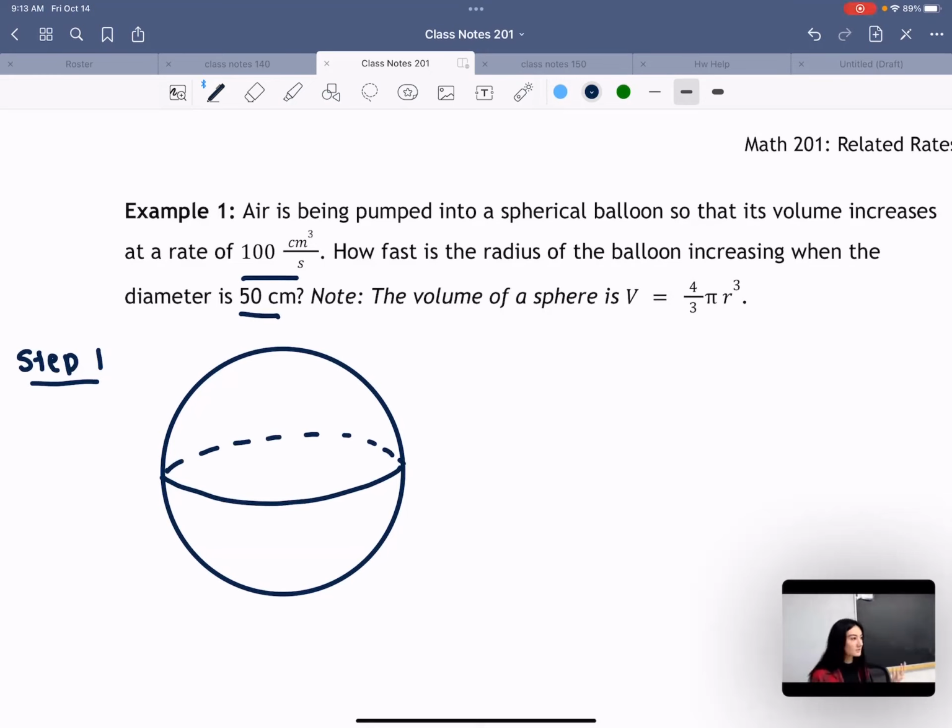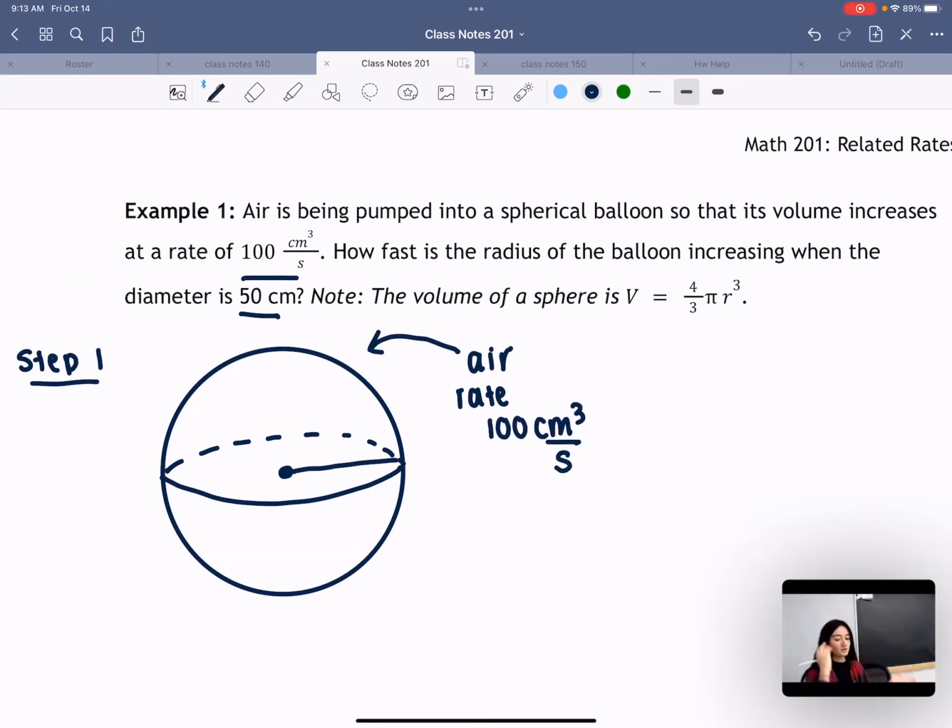The radius of the sphere is if I start at the very center of my sphere and go out to any edge, right? So this is my radius, okay? And I know that air is being pumped into it. So I know that air is going into it at a rate of 100 centimeters cubed per second. Okay.